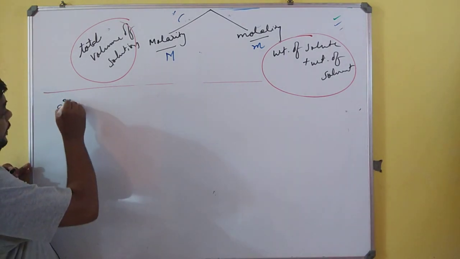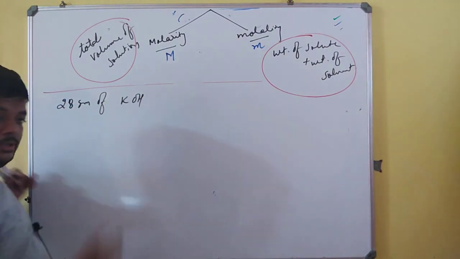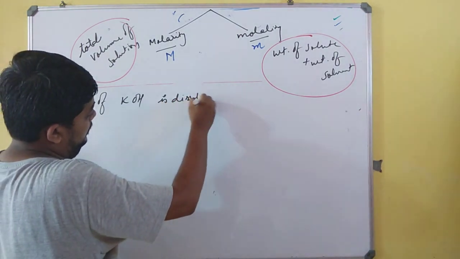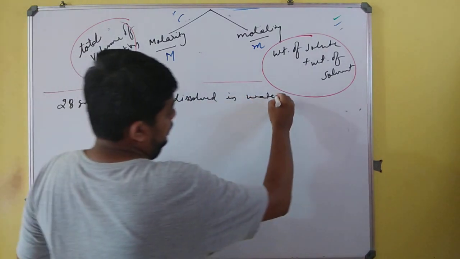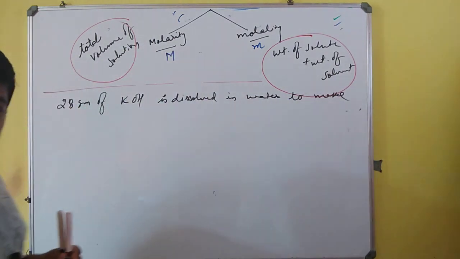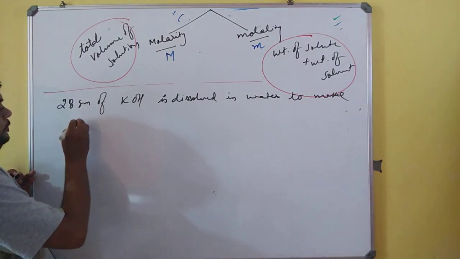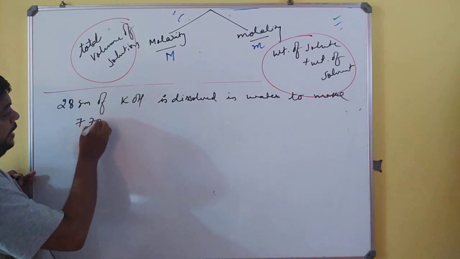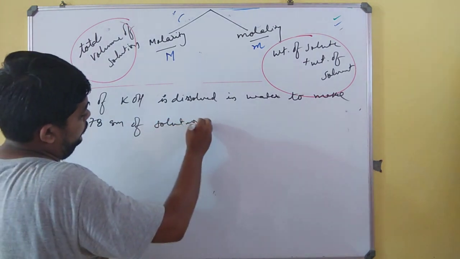Let us say 28 gram of KOH is dissolved in water to make 778 gram of solution.